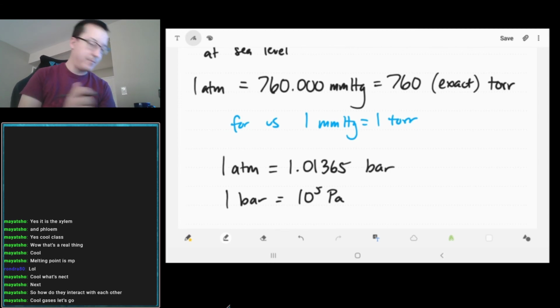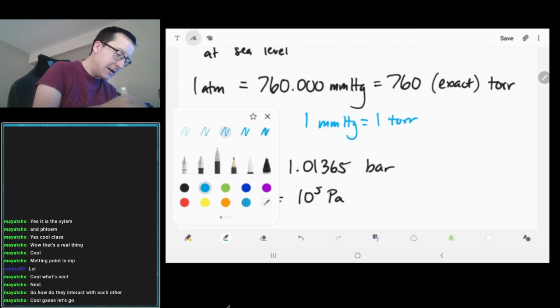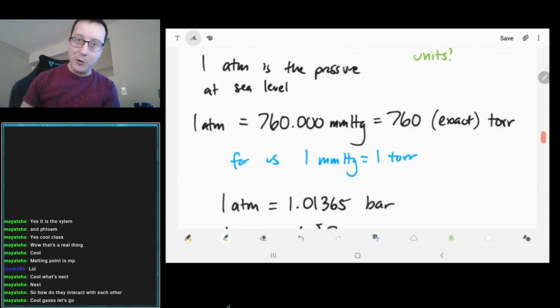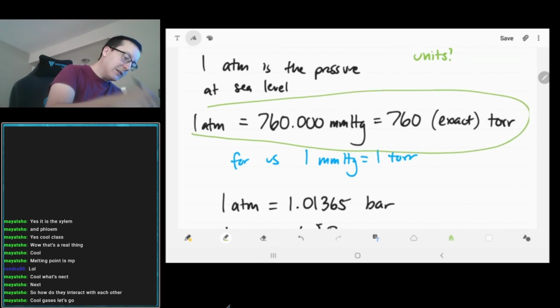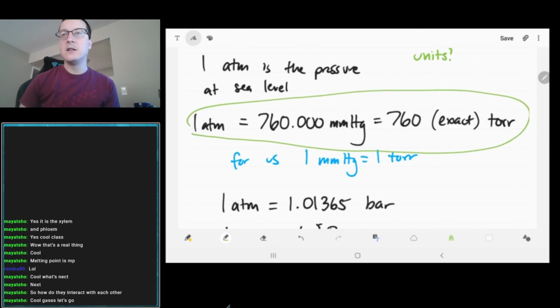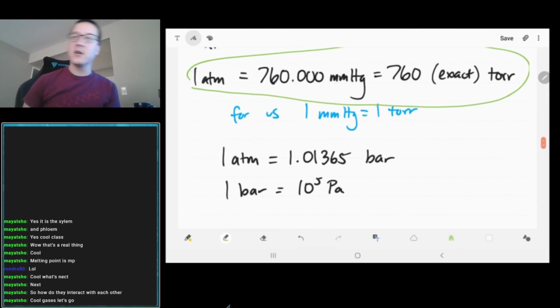I mean, well, this one you'll probably want to memorize. But again, it's online. I have no way of stopping you. This one you'll want to memorize, the 760. But these ones you don't have to worry about. We're going to work mostly with atmospheres and millimeters of mercury or torr. So we're not going to work with bars as much or with pascals. But those would technically be the conversions between them.